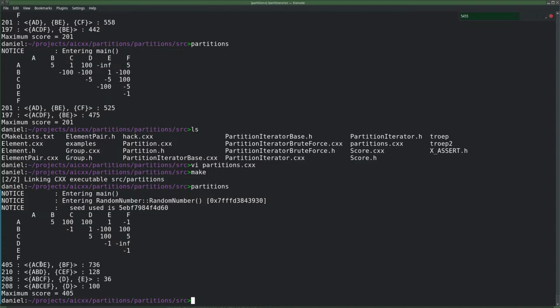But then at some point, I think there's a better trick where I'm not looking for a better neighboring partition, but simply rip it apart partially and then run the algorithm on that.